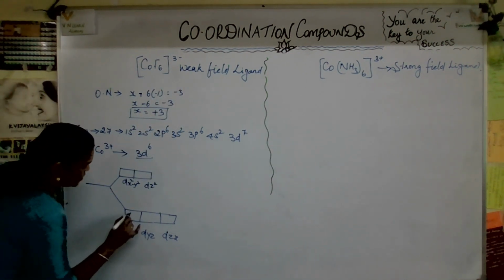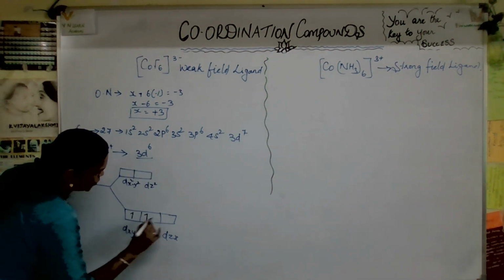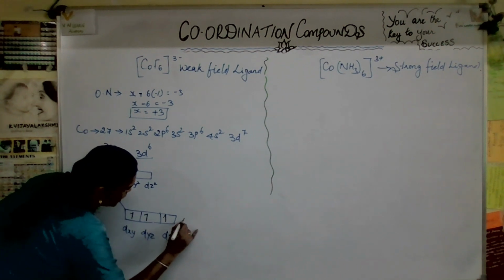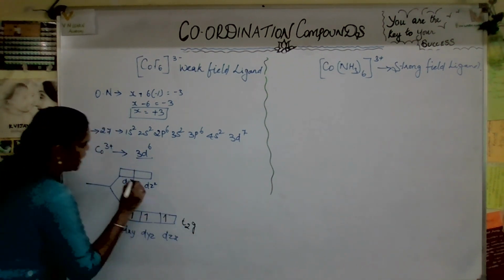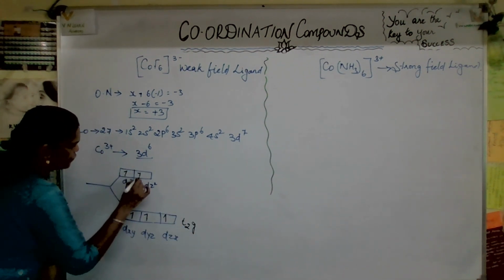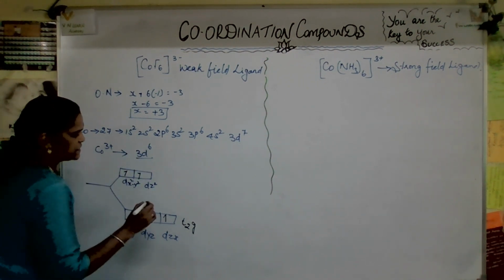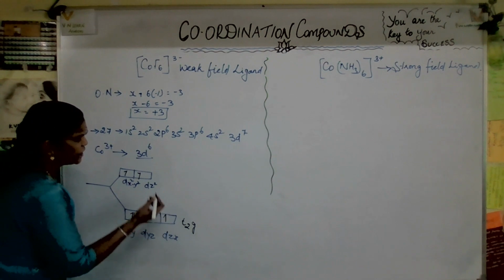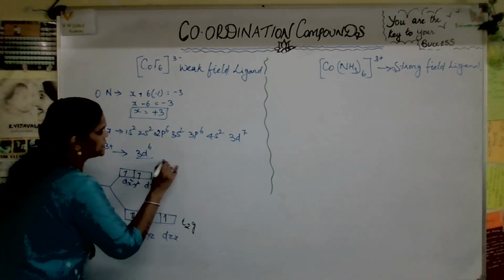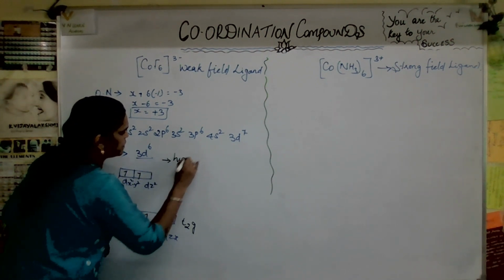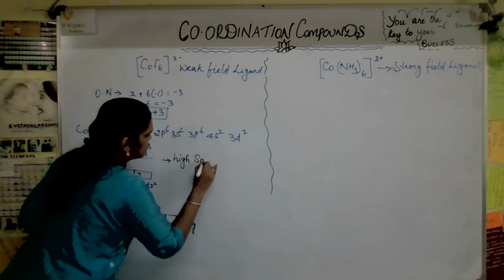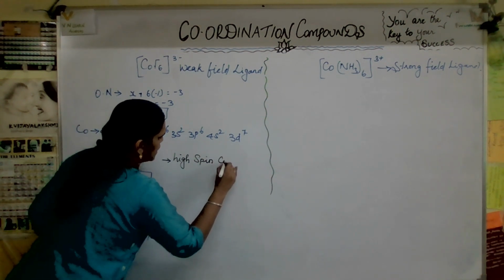So how many electrons do we have to fill? 1, 2, 3 in t2g and 4, 5 and 6. 6 electrons, no? So here, is it a high spin or low spin complex? High spin complex.